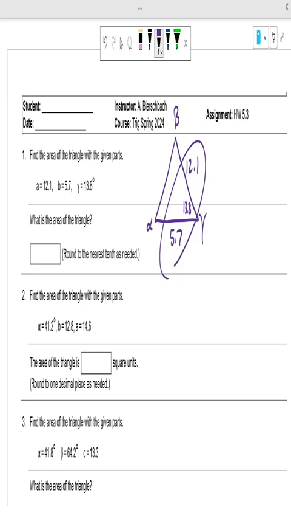Yep. So it's simple. It's just a calculator problem. 1/2 of 5.7 times 12.1 times the sine of 13.8. And you just do the math. Okay?